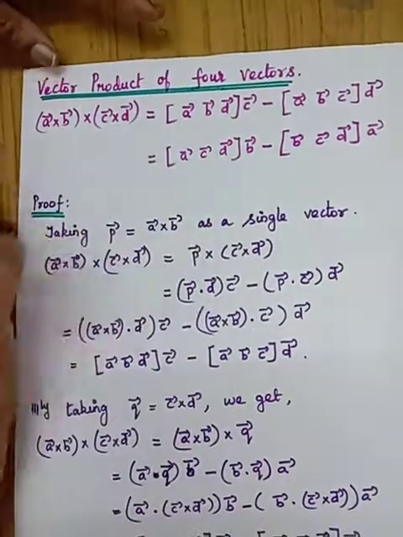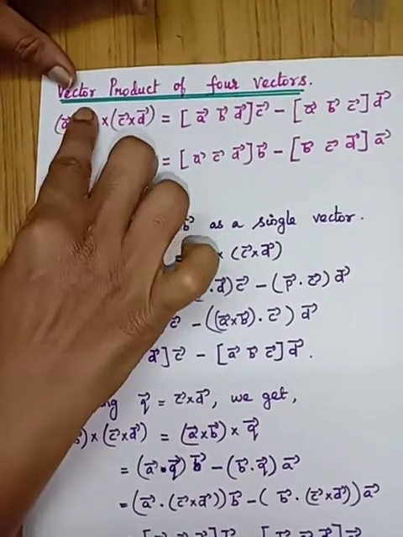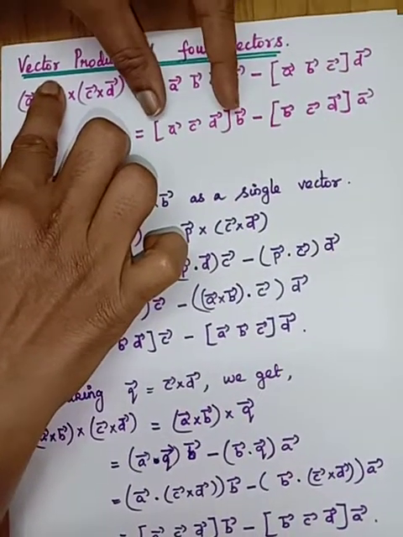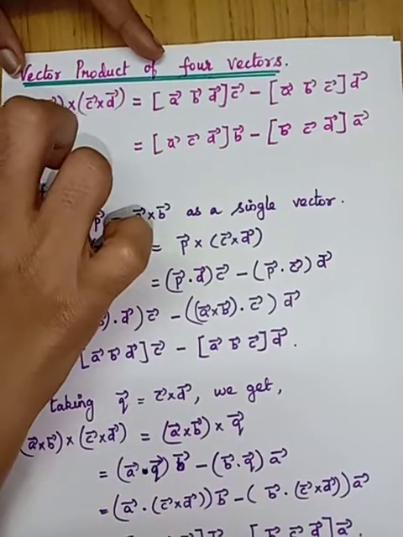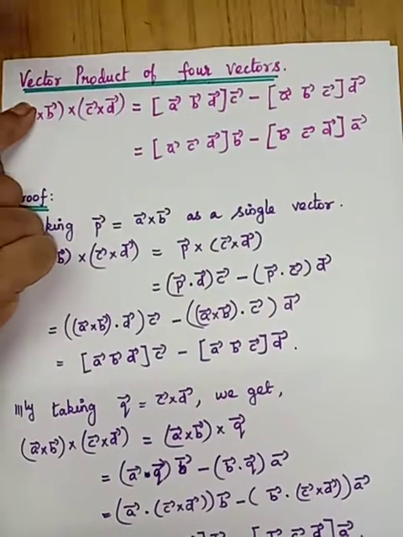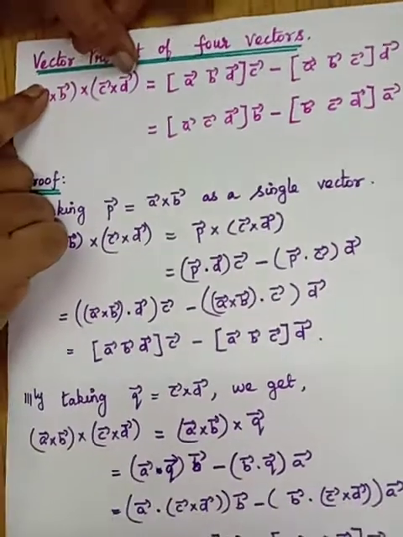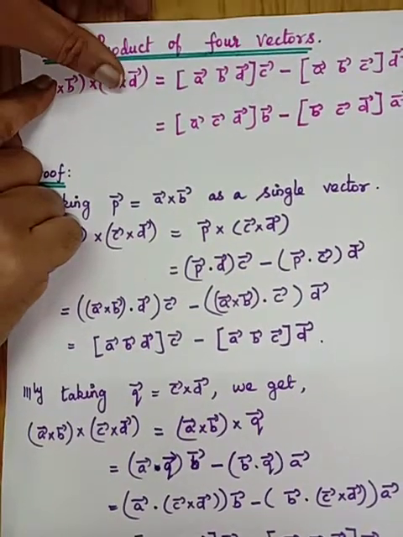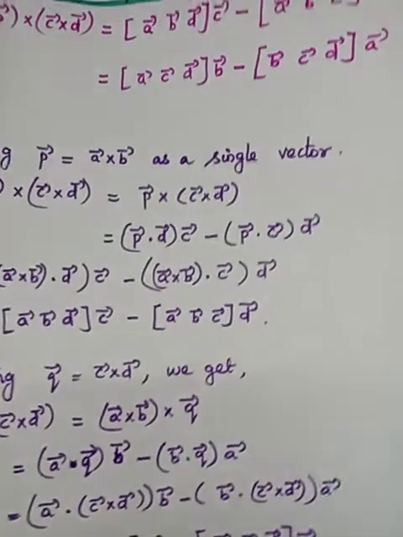Otherwise, if you consider the other form, B vector is written out first, the remaining vectors should be written within the bracket. Minus, so B vector is combined with which vector? A vector. So next you have to write the A vector outside. What are the remaining vectors? B vector, C vector, D vector. That has to be written within the box product. Okay, in this way you can remember this vector product of 4 vectors formula.